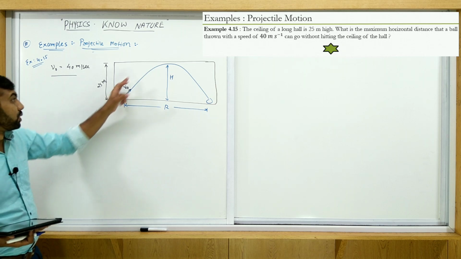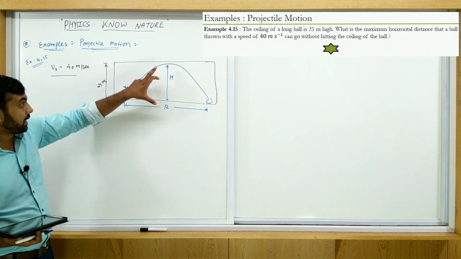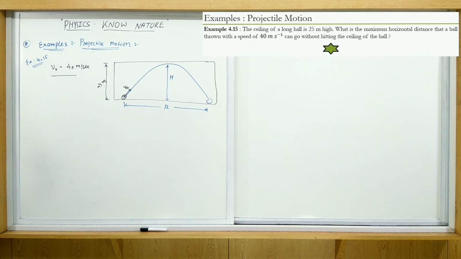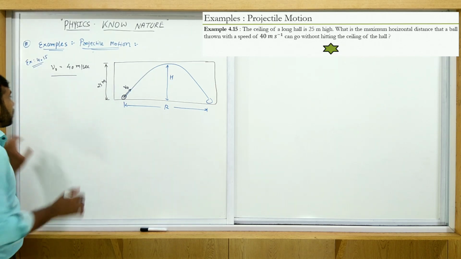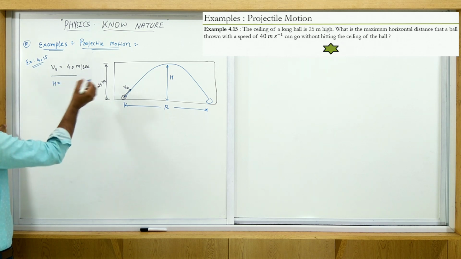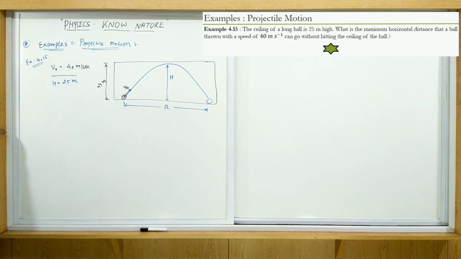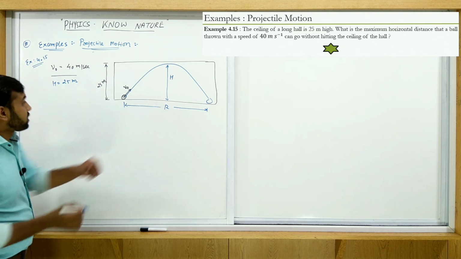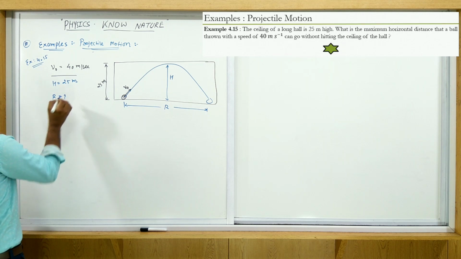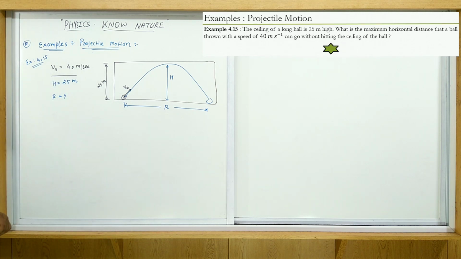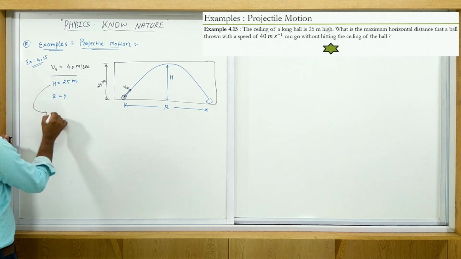You throw this ball in such a way that the maximum height becomes H, and you have to find out what you have to find? R. So how much should H be? H is equal to 25 meters. From this you find this R. So what we are doing here: H is given, so first put the value of H. So what is the maximum height?